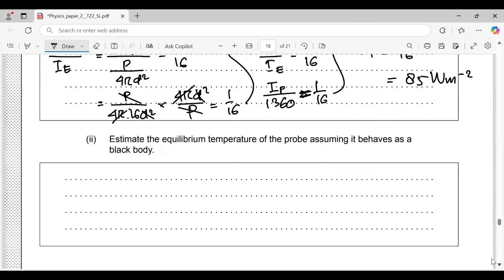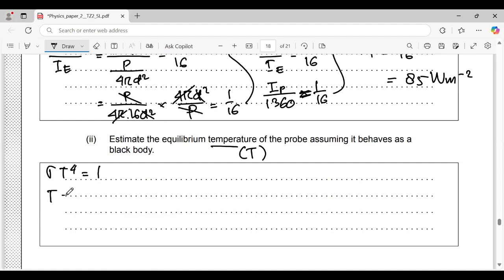Estimate the equilibrium temperature of the probe, assuming it behaves as a black body. So we are going to find the temperature, symbol T, and the unit is Kelvin. I will use this formula: sigma T to the power 4 equals I. This is the formula to determine temperature in this case.